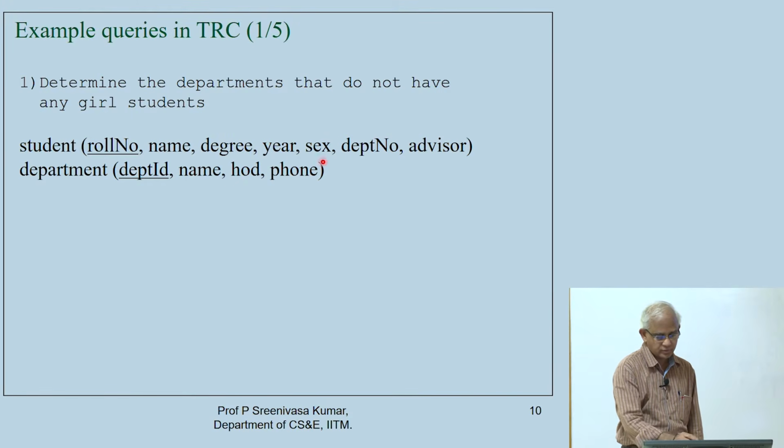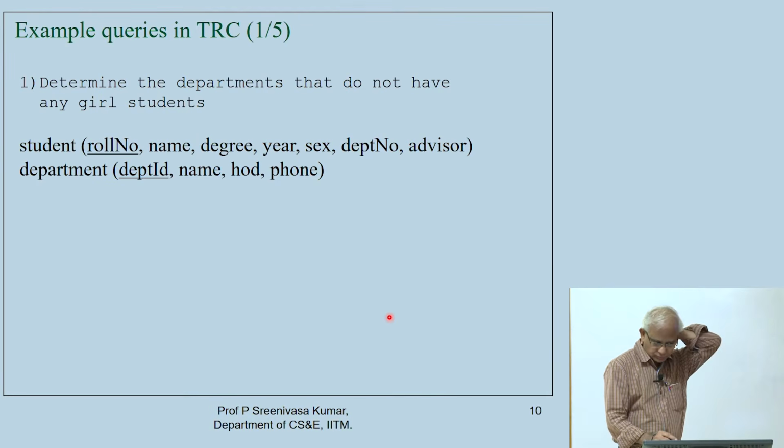So the general information is present in the student relation, and the department names and other details are present in the department relation. So you may want to pause and check how you will specify this in tuple relational calculus. Let me ask you one question.